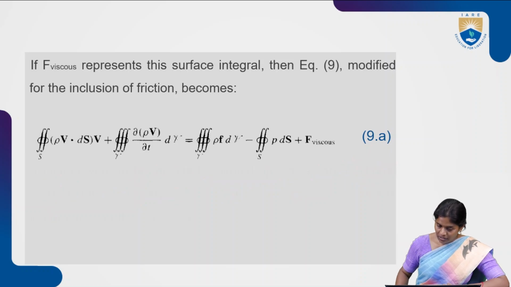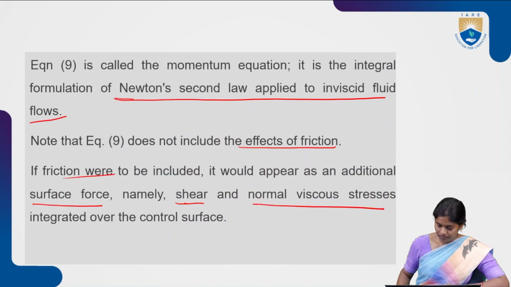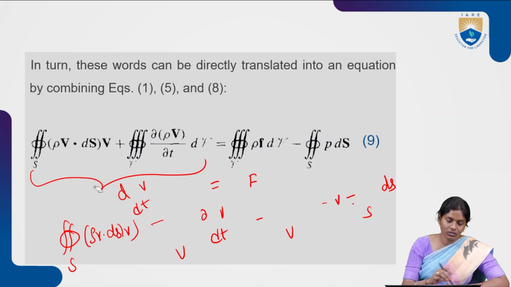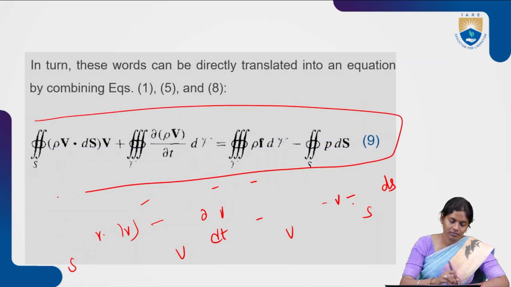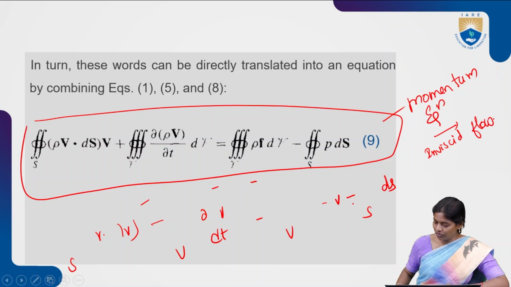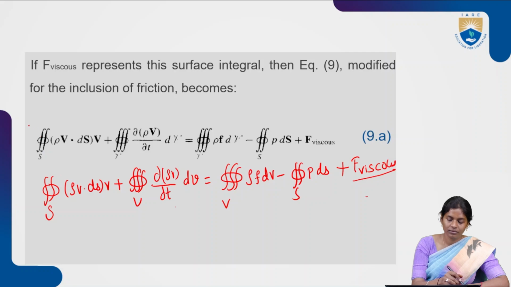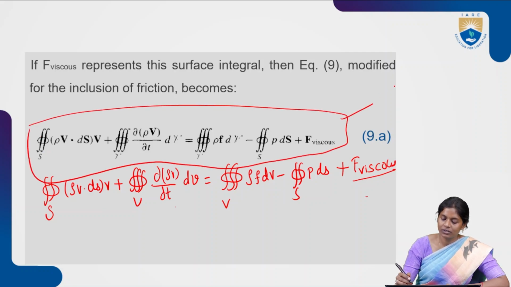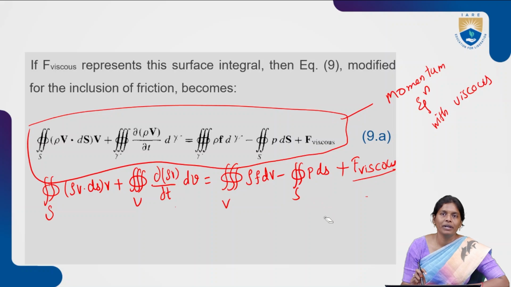The earlier equation is the momentum equation applicable for inviscid flow, whereas this equation includes the viscous effects also. So this is the momentum equation.